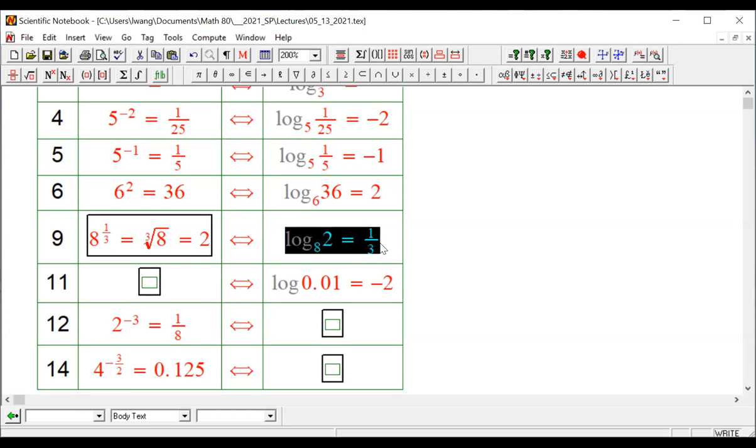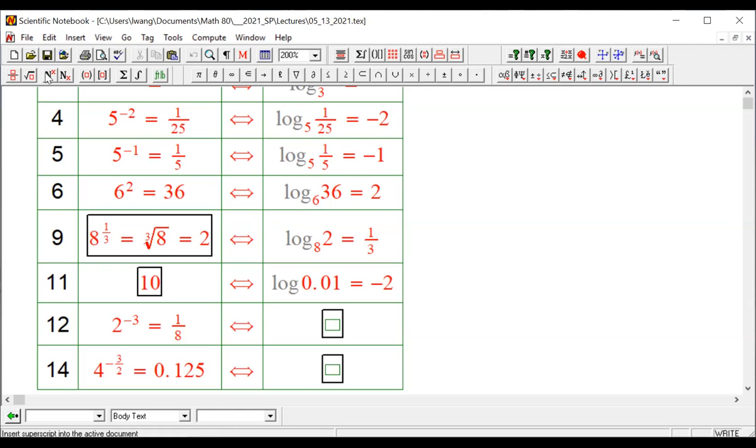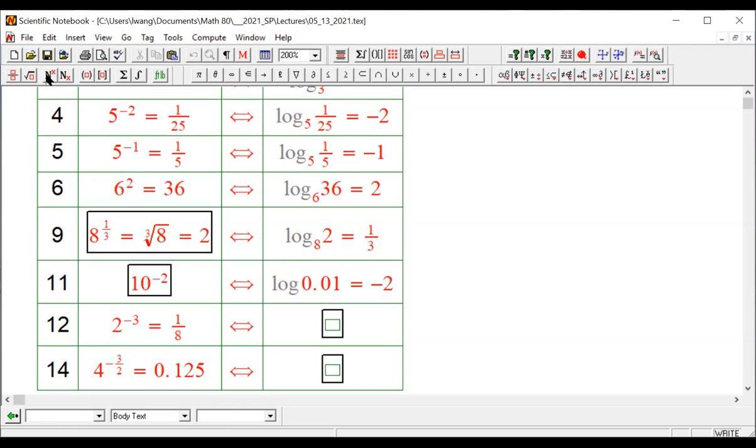So that's what this statement is saying. The 1/3 power of 8 is taking the cubic root of 8, which equals 2. And this one is saying what? 10 to the power of -2 is equal to what? 0.01, which is 1/100, right?